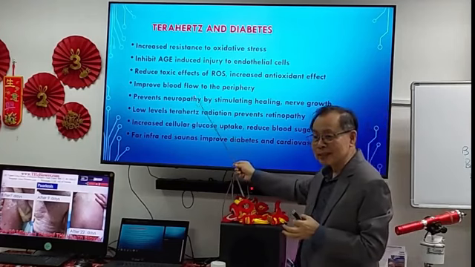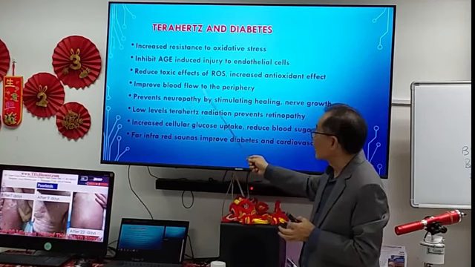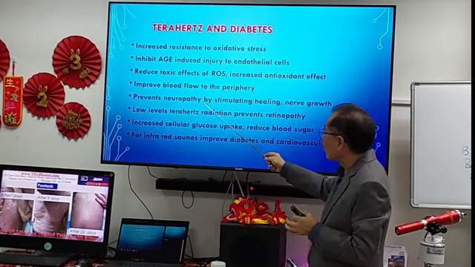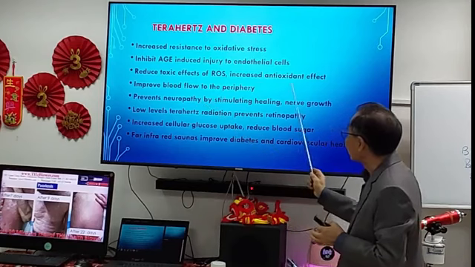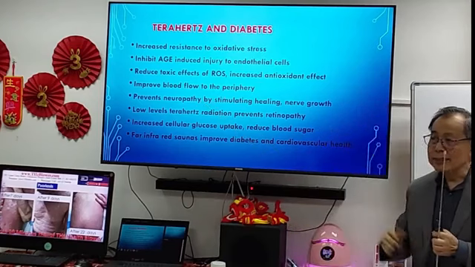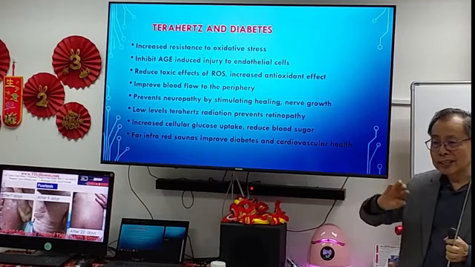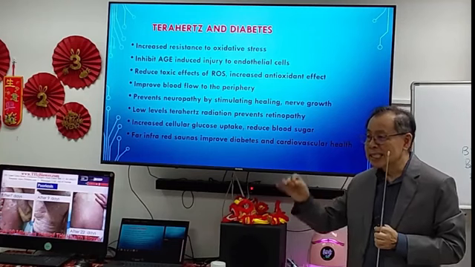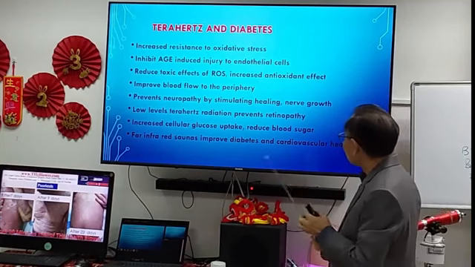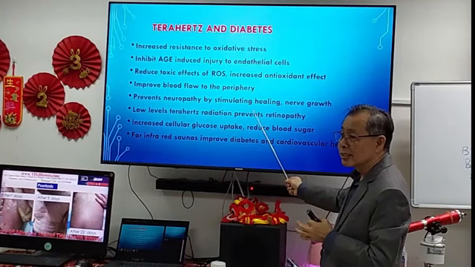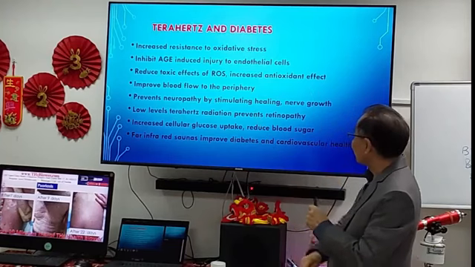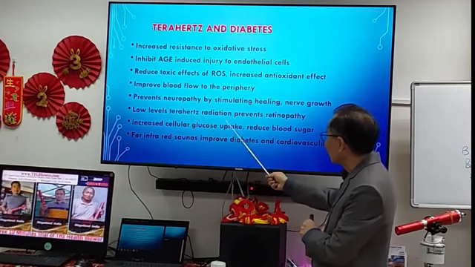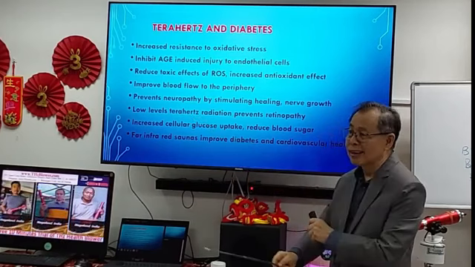Improve blood flow. We know Terahertz improves blood flow. And it prevents neuropathy by stimulating healing and nerve growth. This is an anti-aging effect. Anti-aging has two aspects. One is to promote healing, and the other is to promote regeneration. And that's what it does. And we know that low levels of Terahertz radiation prevent retinopathy.